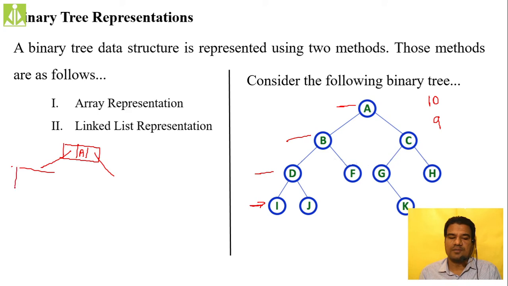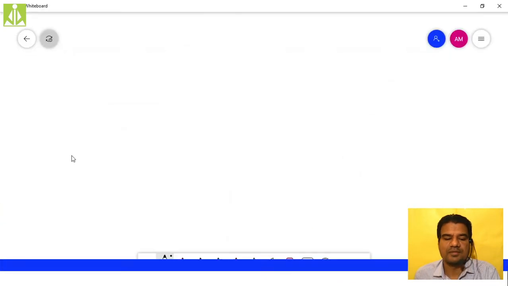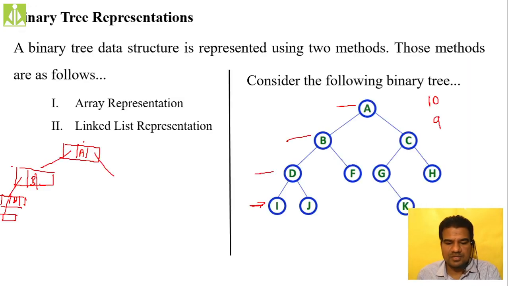So over here, one more box we will get for B. One more box for storing D, and from D we were having I and J. I think it is better if we do it over here. So quickly go and see.